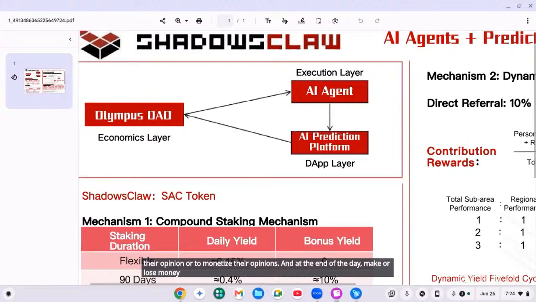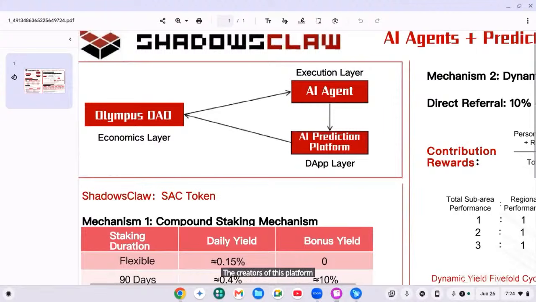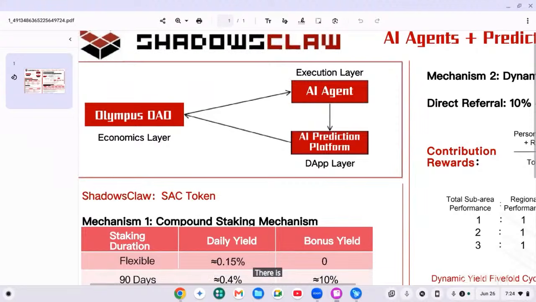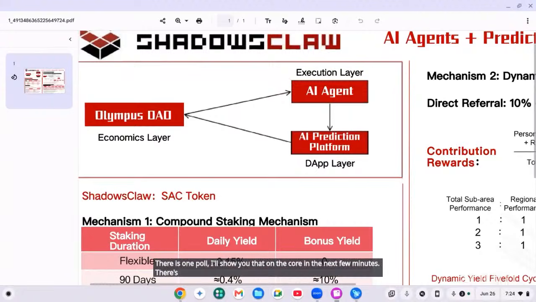But again, in that manner, the creators of this platform, the leading platforms like Polymarket and all those guys, they don't care how it goes. Once you go there to monetize your opinion, there is a fee they generate. For instance, as we speak now, there is one poll. I'll show you that on a call in the next few minutes. There's one poll on who do you think will win the World Cup.